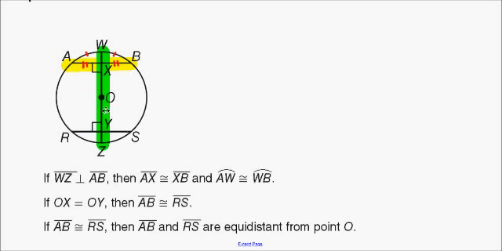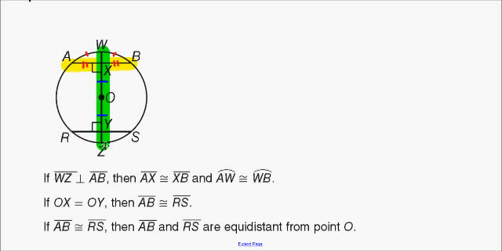If OX equals OY, so we're talking about the distance from the center to where the diameter meets a chord, if those two parts are congruent, then chord AB is congruent to chord RS.